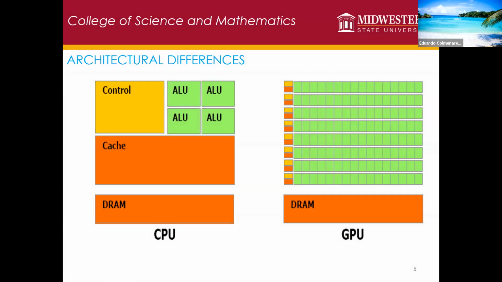Now, let's talk a little bit about the differences between one and the other. The CPU is what you are going to have in your computer, and by now it's very likely that your computer will also have a GPU, maybe an NVIDIA one.